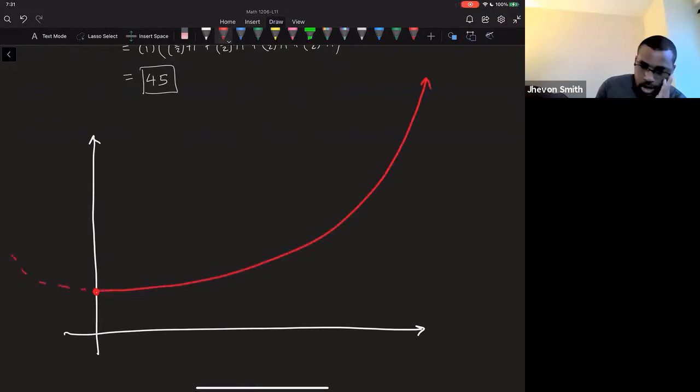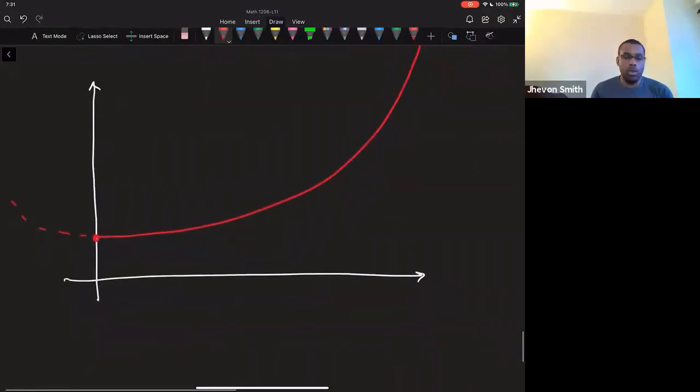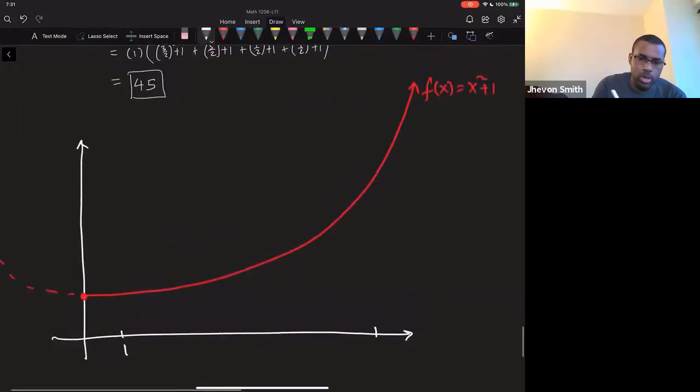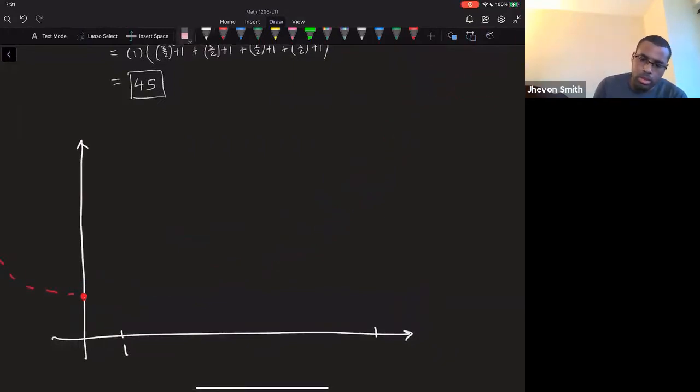And it goes off like that. So this is your f of x equals x squared plus 1. Right? And we're looking at the interval from 1 to 5. And it's really wide. Let's make it a little bit better. I don't know if that was much better. f of x.